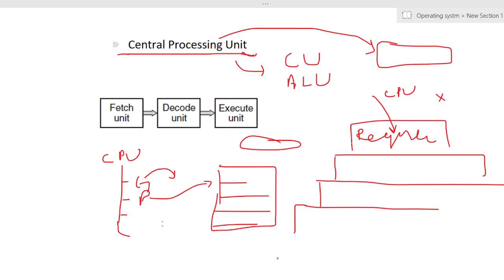Suppose there is a process which is executing right now. The next process to be executed will be pointed to by the program counter.